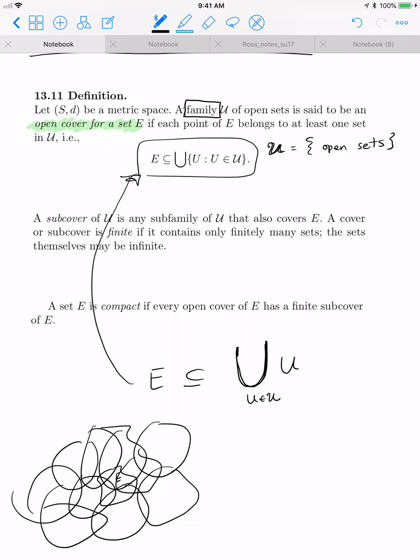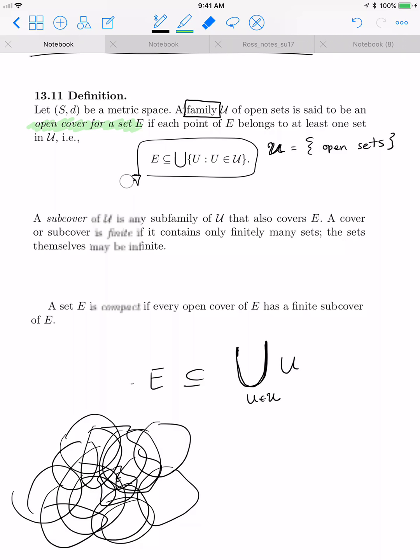Uncountably many, infinitely many, who knows? And if you can cover E with all of these open sets, then we say that script U is an open cover for E. Okay.